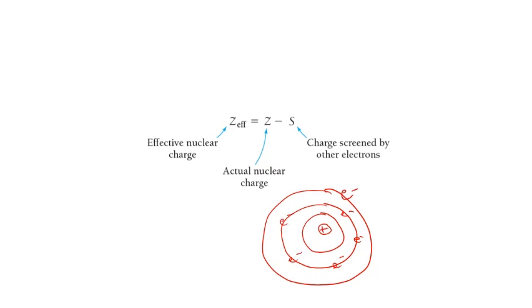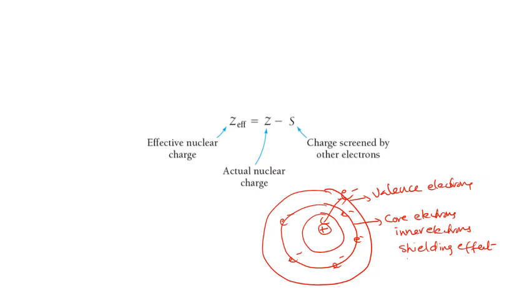We call these core electrons or inner electrons, and these are valence electrons or outer electrons. So the inner electrons will shield the outer electron from the attraction of the nucleus. So that is called the shielding effect.